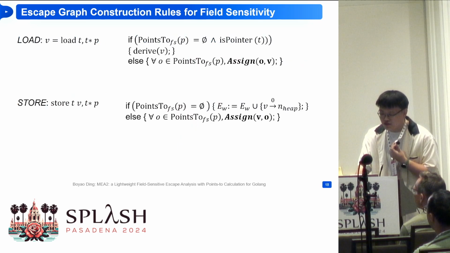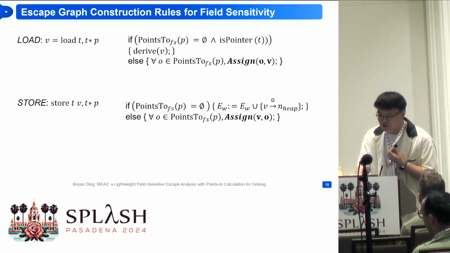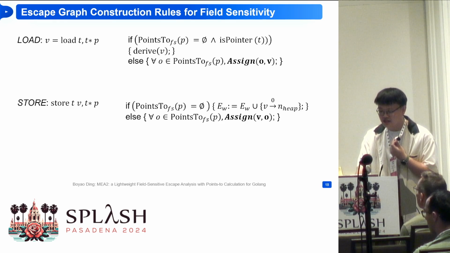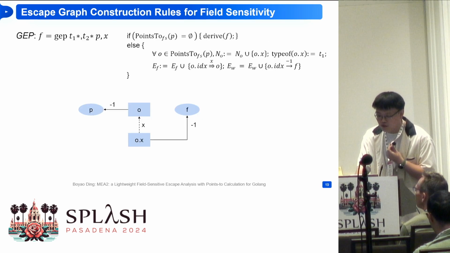In the context of field sensitivity, the rules for load and stores are modified as follows. The calculation of points-to set and assignment, or assign operation, is adjusted. Finally, we will talk about the rules for get element pointer instructions.